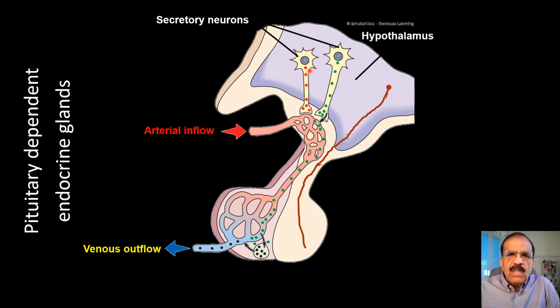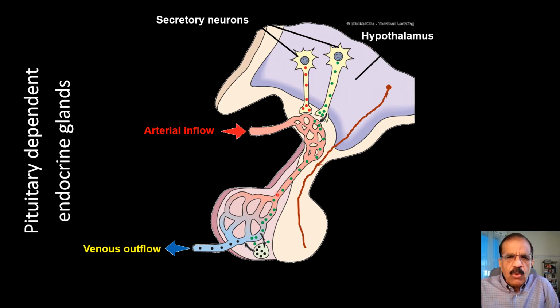Now, these secretory or inhibitory factors or hormones are produced by these nuclei, these neurons. They go to this portal system. The pituitary gland has this unique portal system. This is the portal system, arterial blood coming and passing through the lower part of the hypothalamus, carrying along all those stimulatory and inhibitory factors.